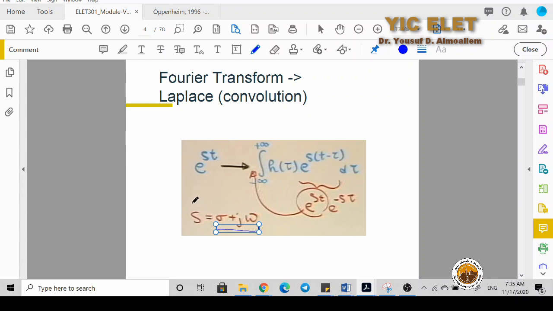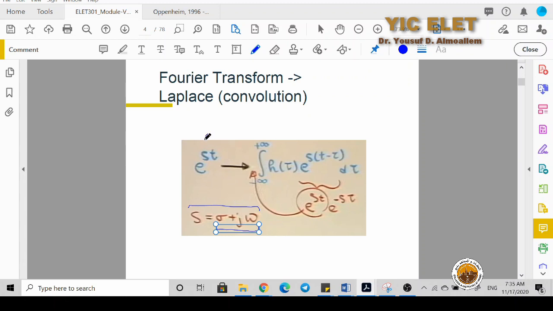So if we define our exponent to be S, and S is defined as two components of a complex number, real and imaginary part, then we have defined our Laplace transform.